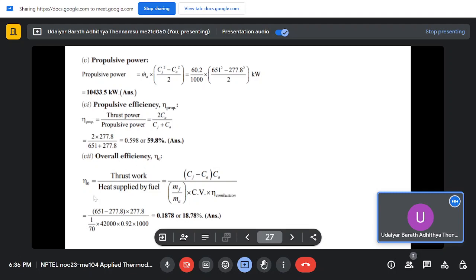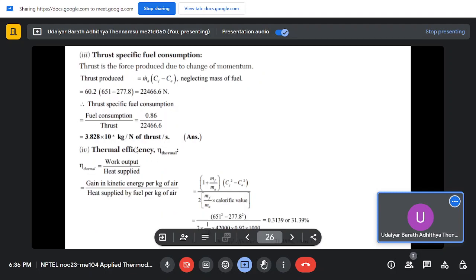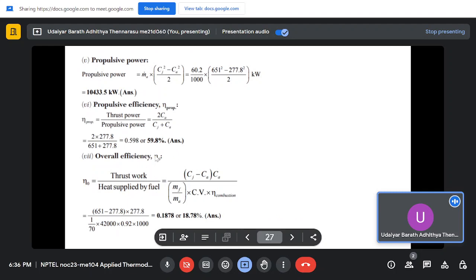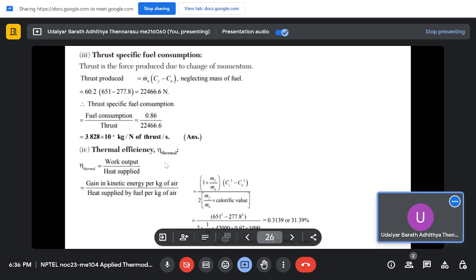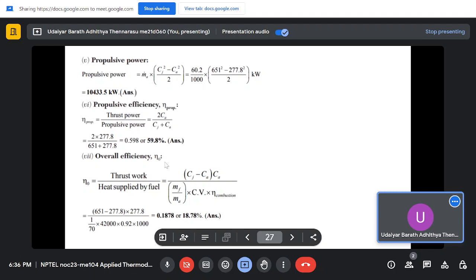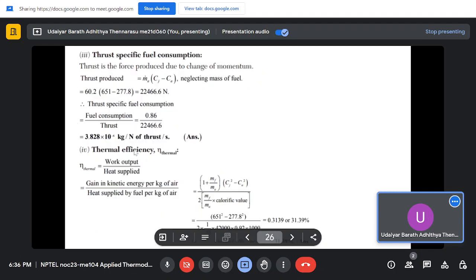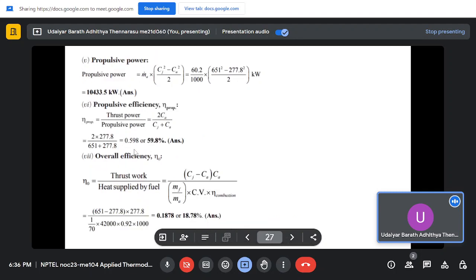So next is the overall efficiency. Overall efficiency is nothing but propulsive efficiency into thermal efficiency. If you multiply propulsive efficiency 0.598 into 0.3139, you will get 0.1877.